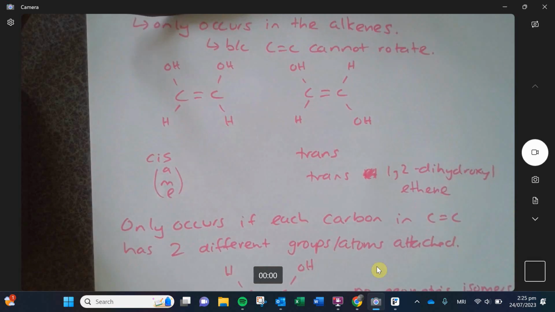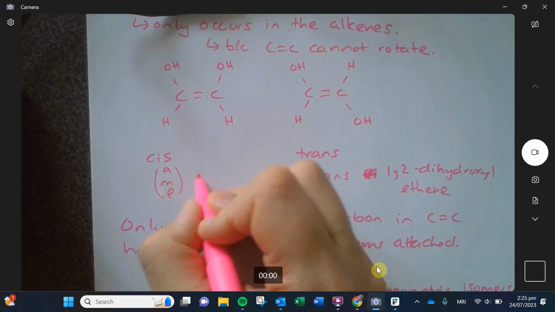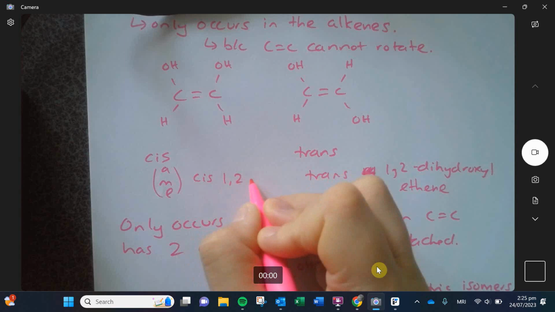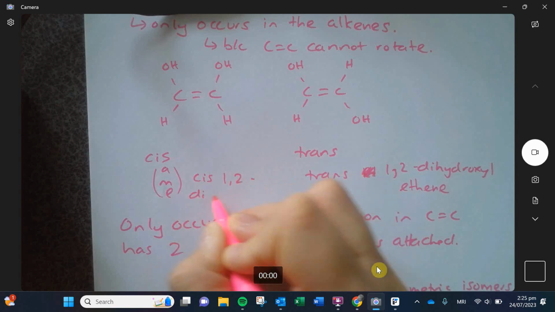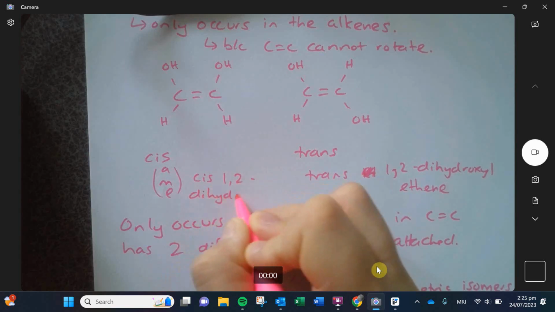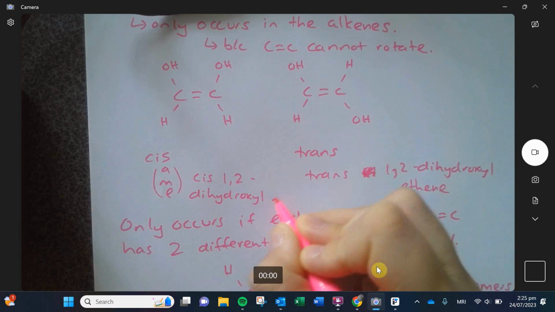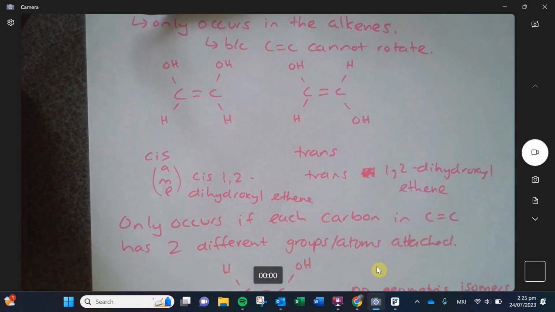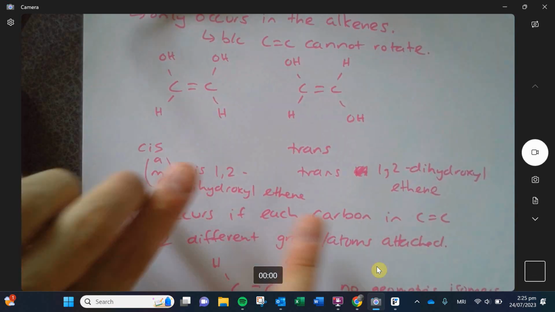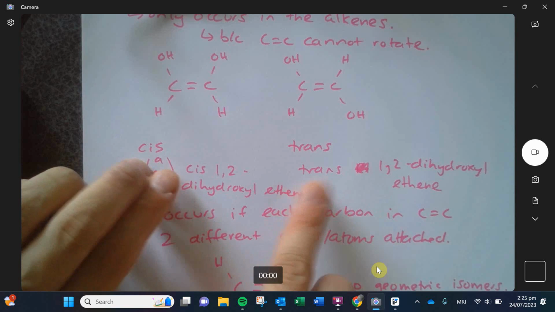If I was to name that, this one would be cis 1,2 dihydroxyl ethene. So all I do is I name it just as I would. I just stick the cis or trans in front.